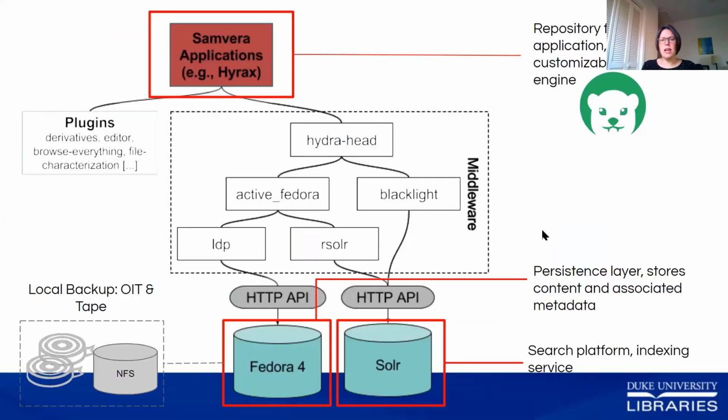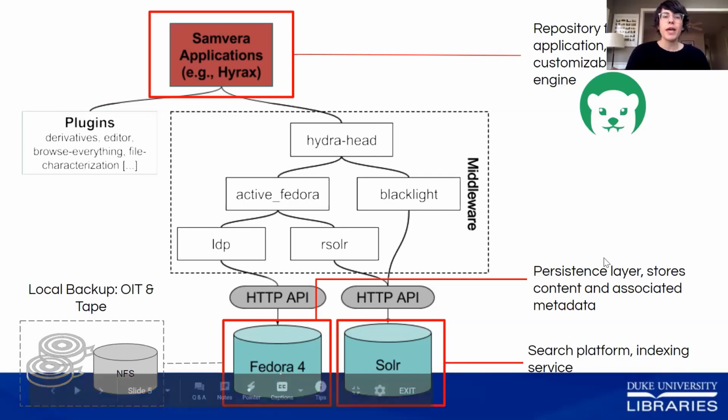So I'm going to actually let Maura talk a little bit about the infrastructure piece. We are built on open source software application, and she knows a little bit more about this kind of architecture than I do. So yeah, just briefly, the RDR was built using Hyrax, which is a customizable Ruby on Rails engine that builds on the Samvera open source framework for repository front ends.